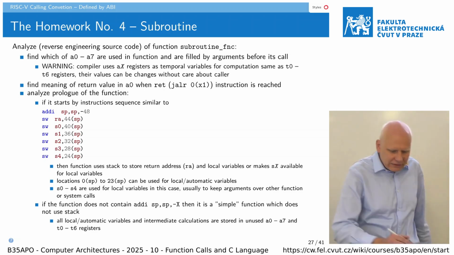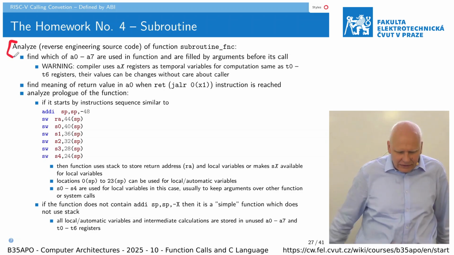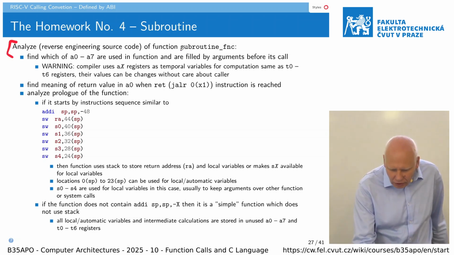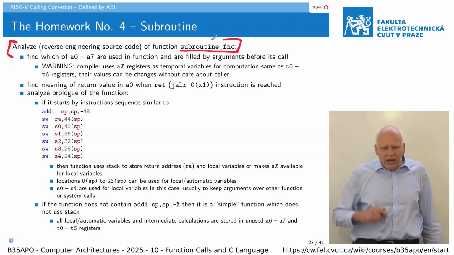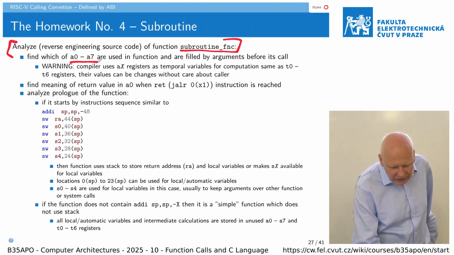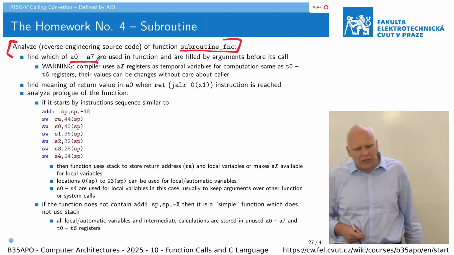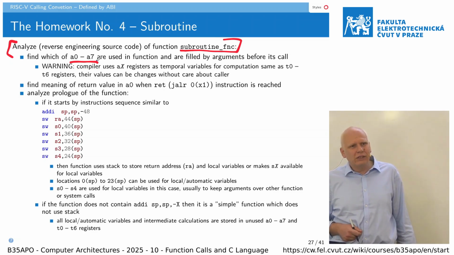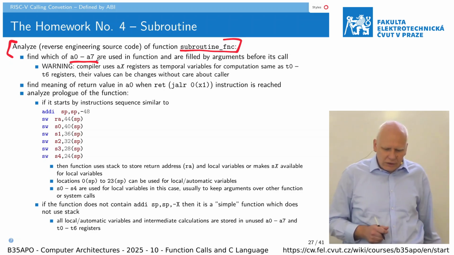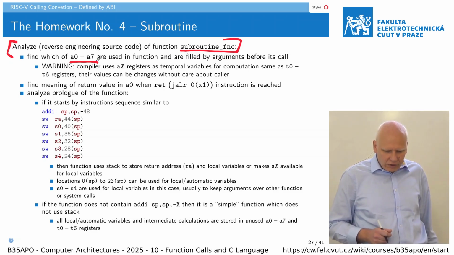And the first task is to analyze that there is some function which is called the subroutine function, and to analyze how many arguments and what is the purpose of those arguments. In fact, it is tested only whether it is something in the range of integer values, or whether it is a pointer to something else. So this is what is checked in your submission.